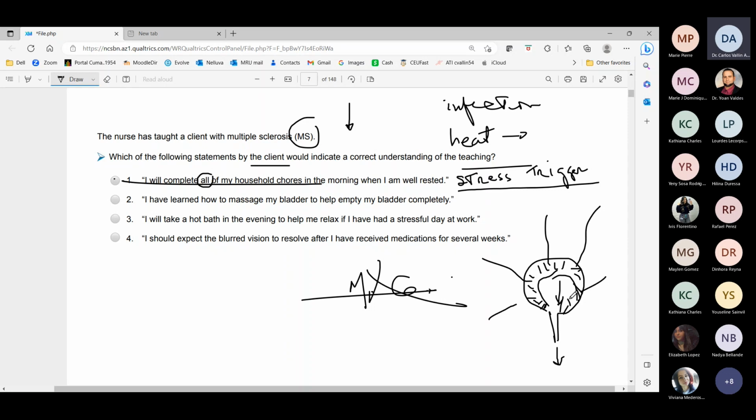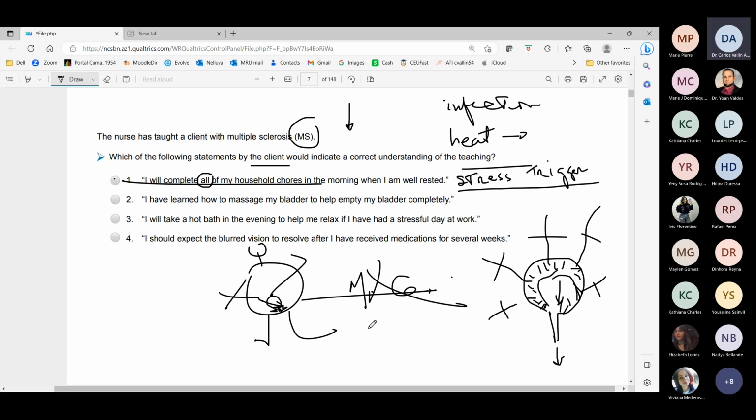Those clients have damage in these nerve connections, so the bladder could not empty well, and then they can have a paralysis in the bladder, a neurogenic bladder. And what they're saying here is that if the person massages, the bladder can be massaged above the pubis, this bone that we have here, when the bladder is distended. It can be massaged, or pushed.